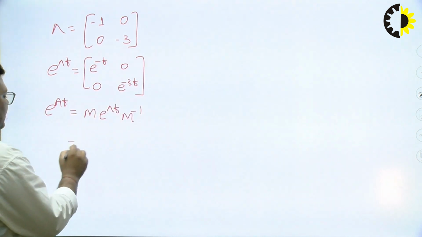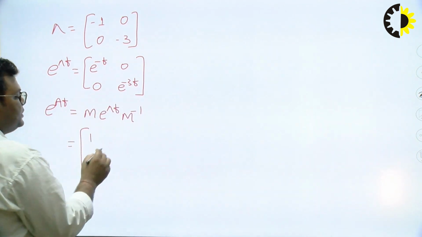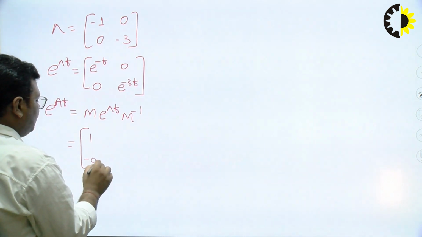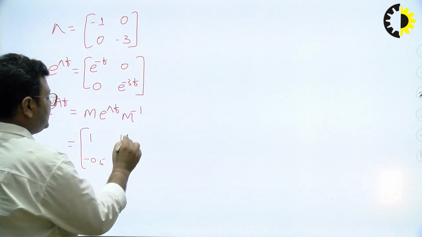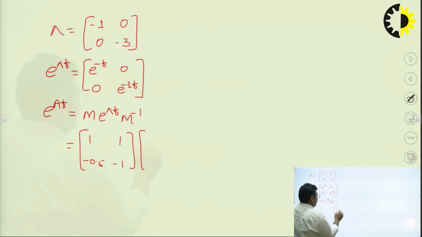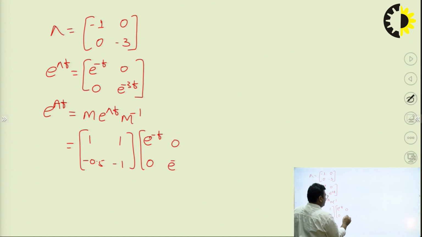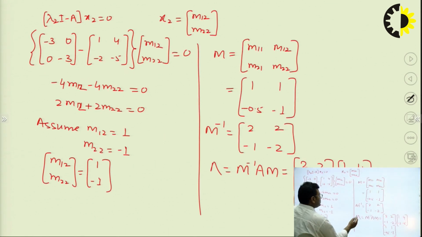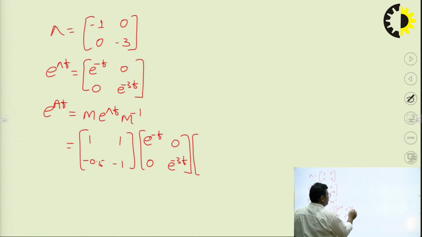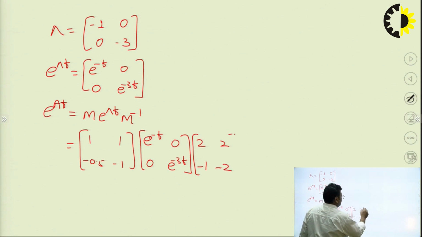So I can put the value of M, [1 1; minus 0.5 minus 1], into the exponential matrix, into M inverse, [2 2; minus 1 minus 2].